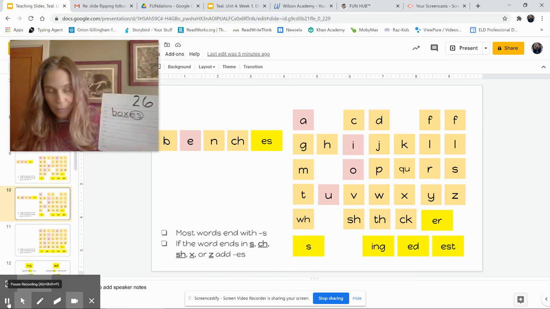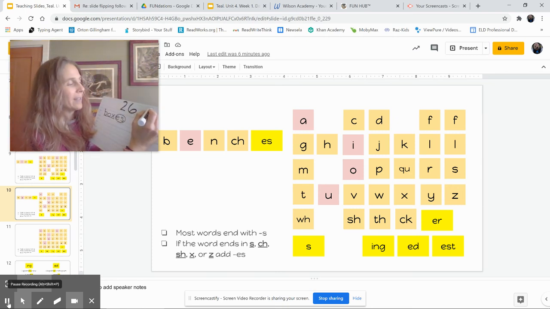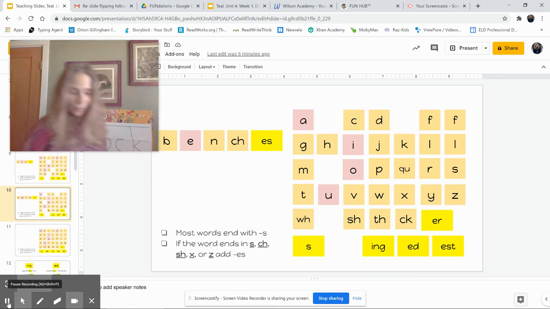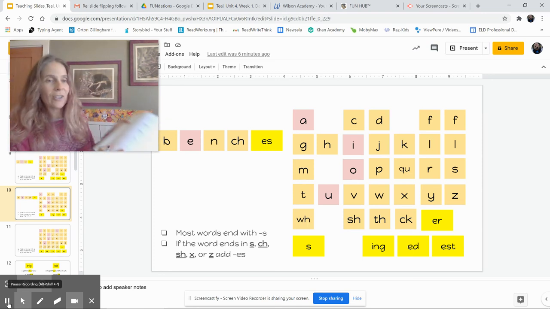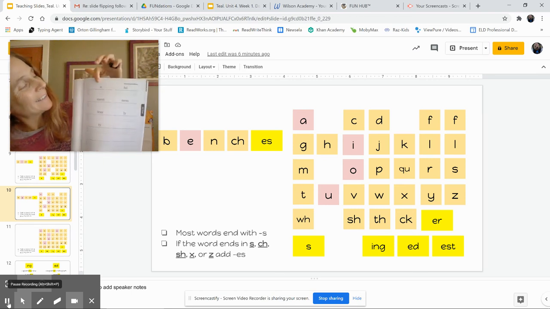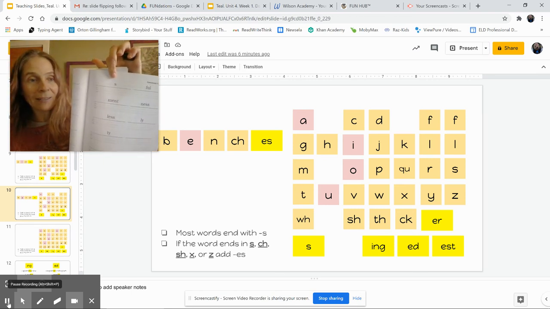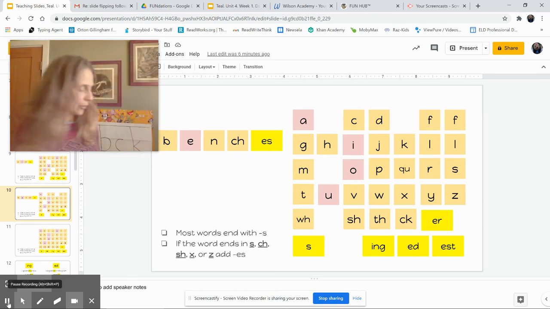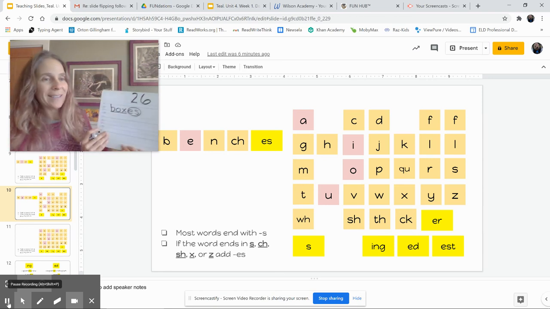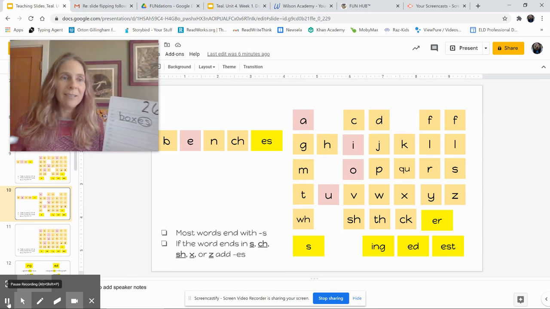And now we're going to move on to page 27 in your student notebook, right next door. We're going to look at this section that says consonant suffixes, and look at the S right there, and we're going to add a word there. The word we're going to add is the word bugs.